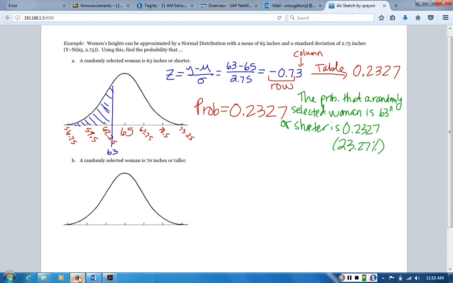And so, 63 inches is about 5'3", so we're seeing about 23% of women are shorter than 5'3". It probably seems like a somewhat reasonable answer.